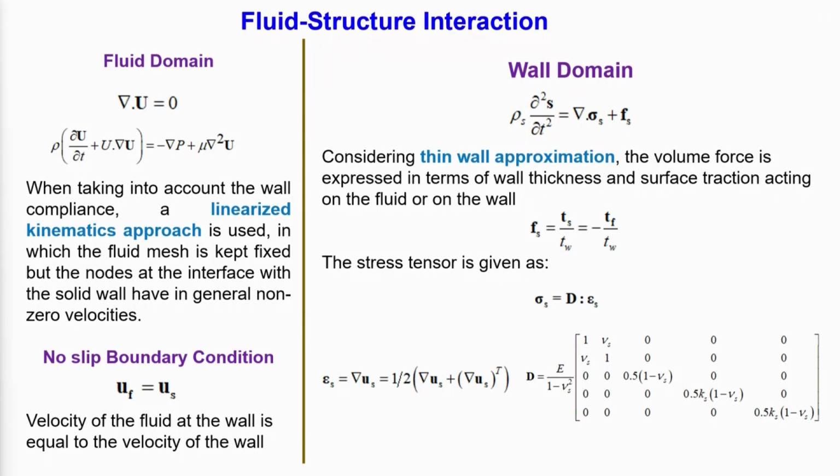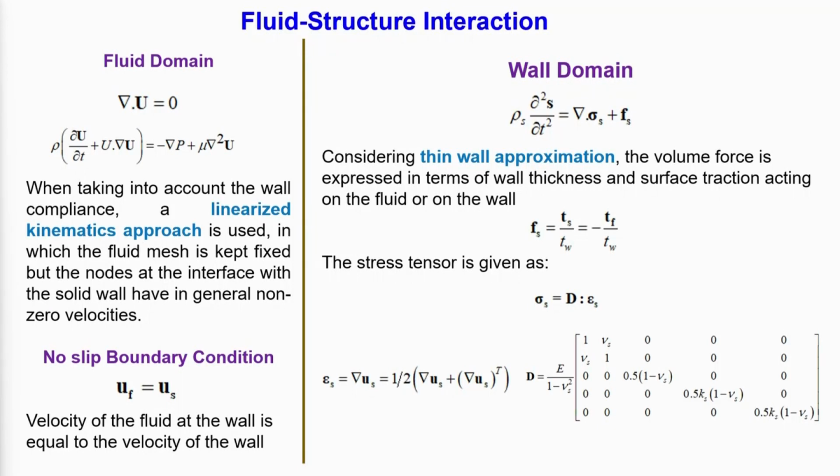If you are solving a 3D problem, I am not going to repeat this because we have discussed it extensively. So, you have a fluid domain and a solid domain, and if you are considering them as continuous, whatever is the interface force between the fluid and the solid, you put in the form of a body force in the solid mechanics, which is the surface traction divided by the wall thickness, and the stress strain is linear for the solid.